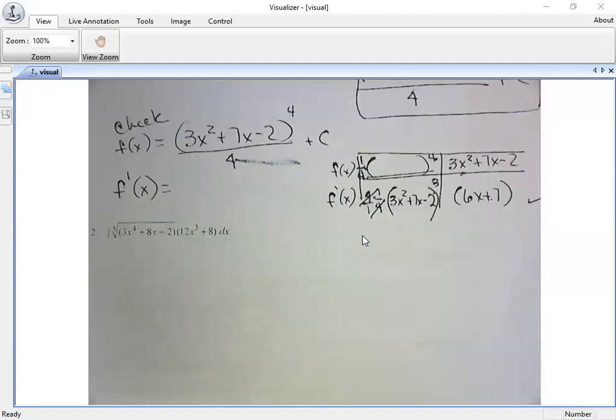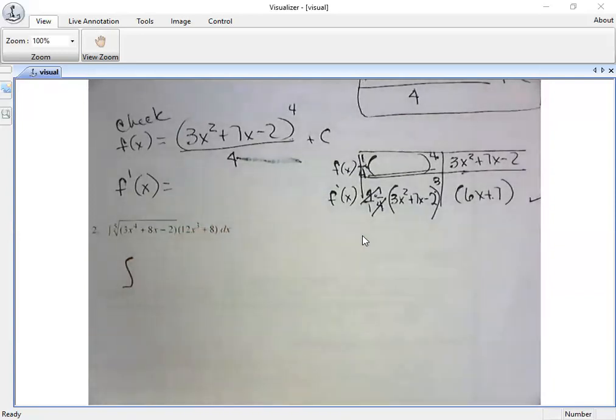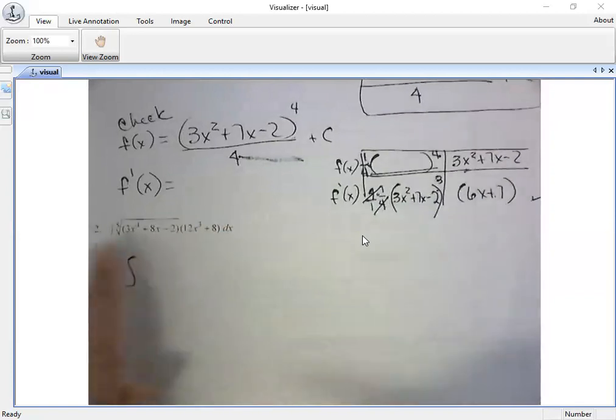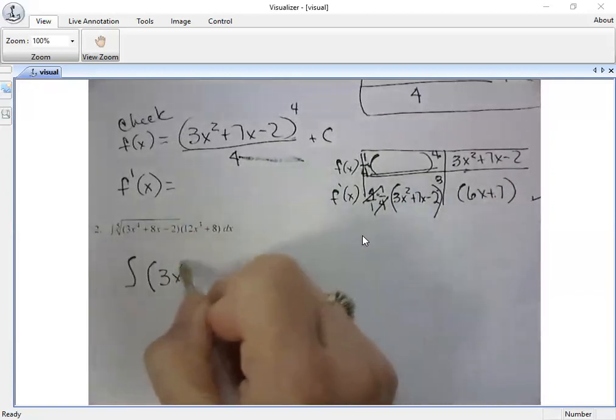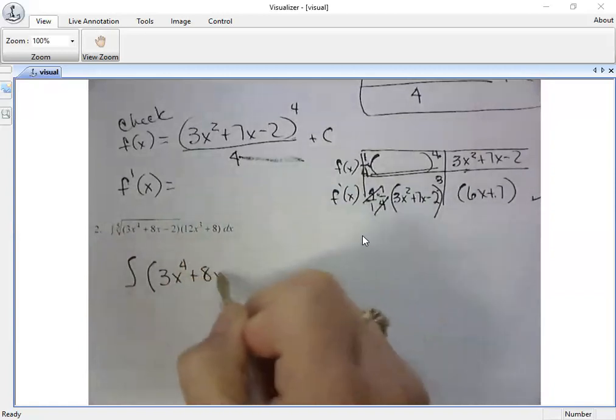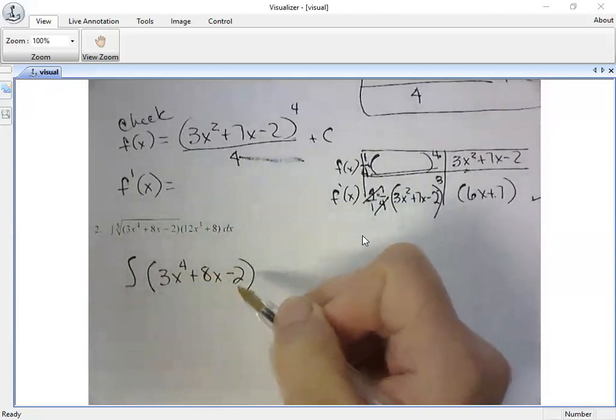What's the first thing you see that I can't integrate if I leave it in this form? That's right. It's a radical, and so it has an index of 5. So if I were to take what's under the radical, which is the 3x to the fourth plus 8x minus 2, instead of putting it under the radical, I'm going to raise it to what power?